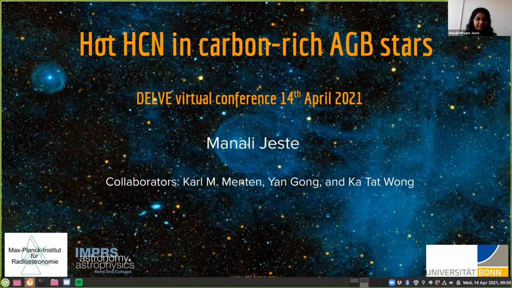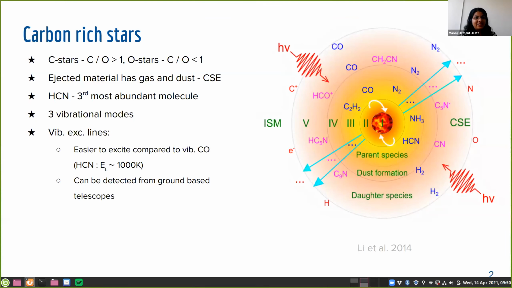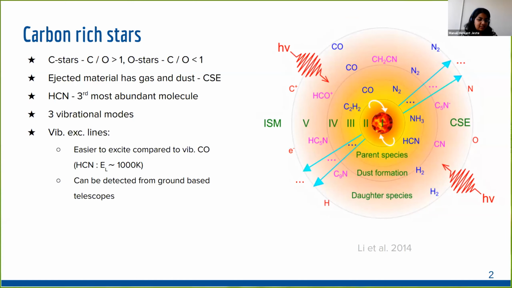To give a brief introduction again of carbon-rich stars: these are the type of AGB stars with a surface abundance ratio of carbon to oxygen greater than 1, and if it's less than 1, they're oxygen stars. These stars are going through various physical phenomena and ejecting material out into the atmosphere, so we have a lot of gas and dust pushed out, forming the circumstellar envelope.